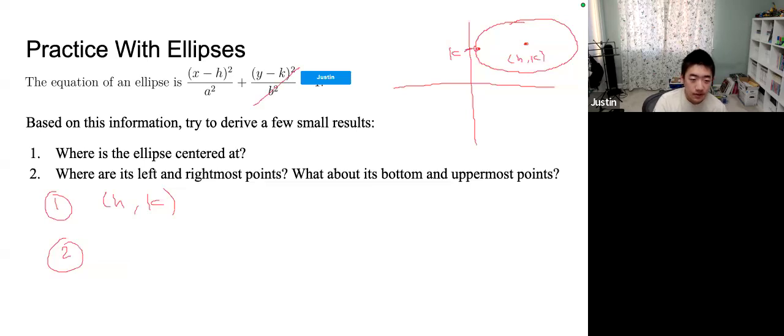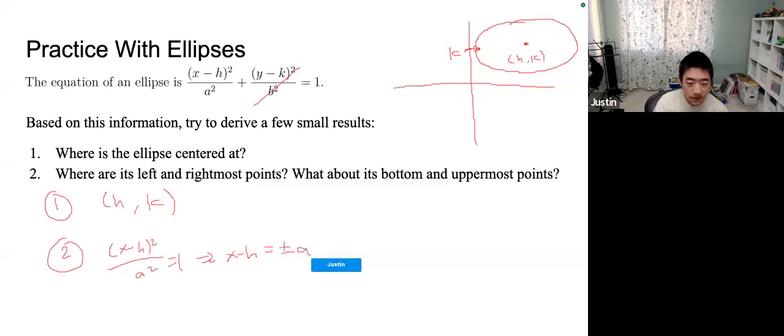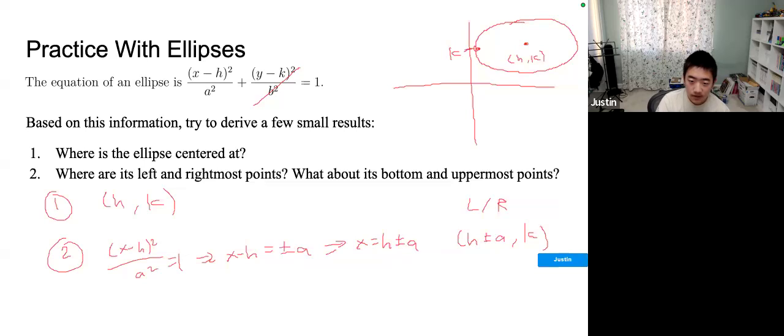So we have x minus h squared over a squared equals 1, which means x minus h is plus minus a, or x equals h plus minus a. And since y is k, the left and rightmost points are h plus minus a comma k. So those are these points.